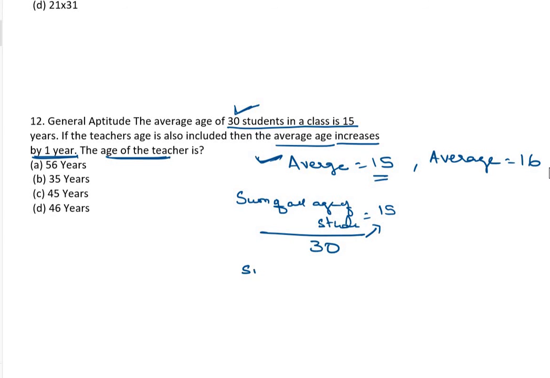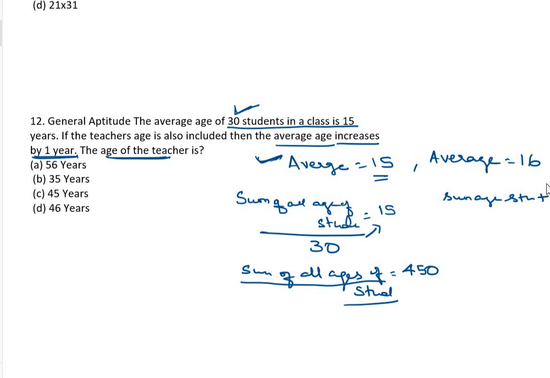What about the sum of all ages of students? 30 into 15 is 450. So if you add all the ages of students, we get 450. Now the sum of all ages of students plus 1 teacher's age, divided by the strength, which has increased by 1 to 31, gives the answer 16.